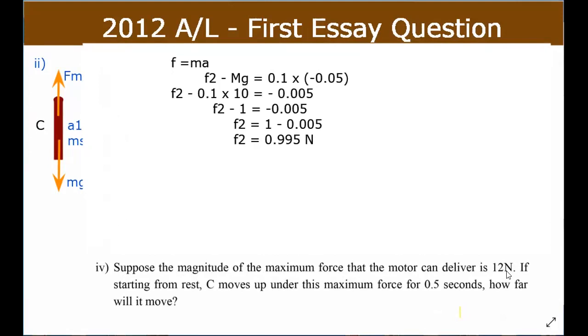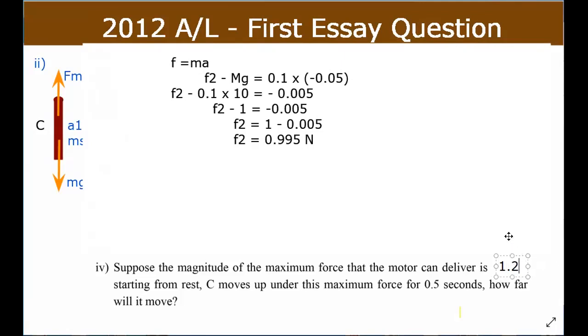Let me check the question paper one more time because there were many typing mistakes. Suppose the magnitude of the maximum force that the motor can exert on C is 1.2 Newton. I'm so sorry. Please correct the mistake as 1.2 Newton. Maximum force that the motor is able to give is 1.2 Newton.